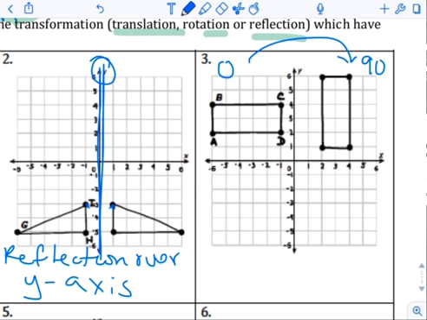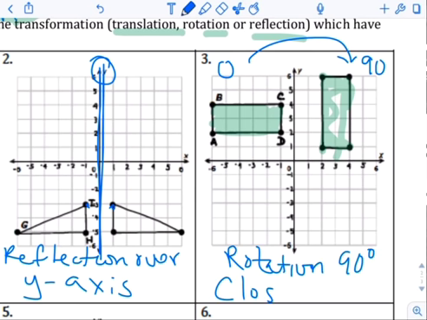Like a clock. Clock goes this way, remember? So this is a rotation of 90 degrees clockwise. See how this rectangle rotates from here to here? The rectangle rotates. Rotation of 90 degrees clockwise.